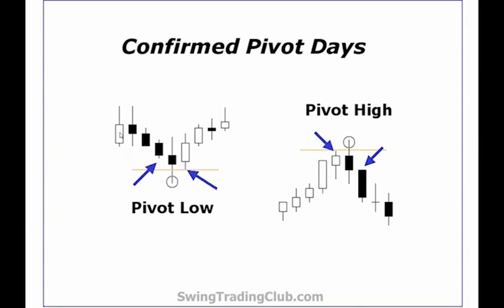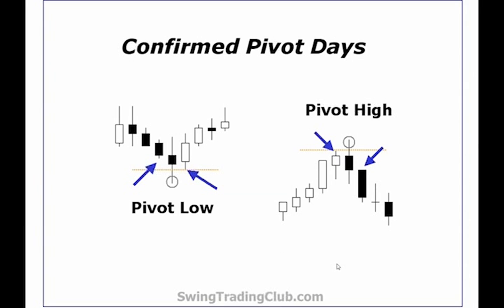Okay? So here's our pivot days. Pivot low, we have one bar that sticks way down, and so what you're looking for here is bars where the lows are higher before and the lows are higher after. That's your pivot low. The pivot high is just the reverse. We've got one little bar whose high sticks up like a little antenna, and the highs are lower before and lower after.